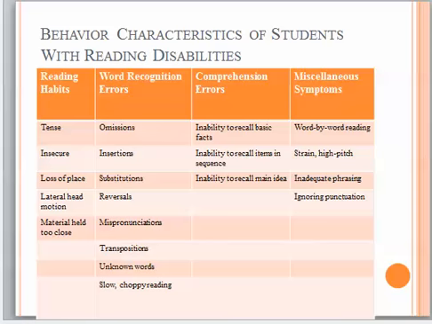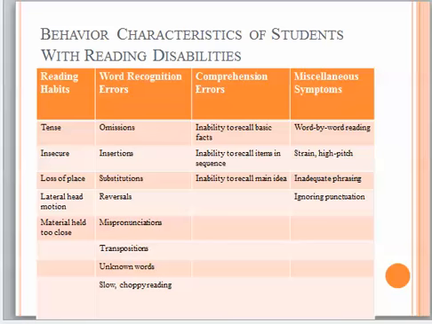Their comprehension errors include the inability to recall the basic facts which they just read, or the facts are not in sequential order, or they can't identify the main idea or distinguish the main idea from the supporting details. Other miscellaneous symptoms include word-by-word reading.